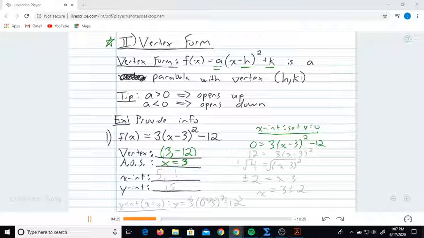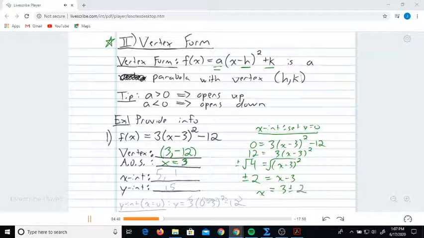Since all unknown values are inside of a squared expression, we'll begin by adding 12 to both sides, dividing by 3, and then we'll take the square root on both sides, remembering the plus or minus. So you have plus or minus 2 equals x minus 3, so therefore x equals 3 plus or minus 2. So our x-intercepts are at 5 and 1.